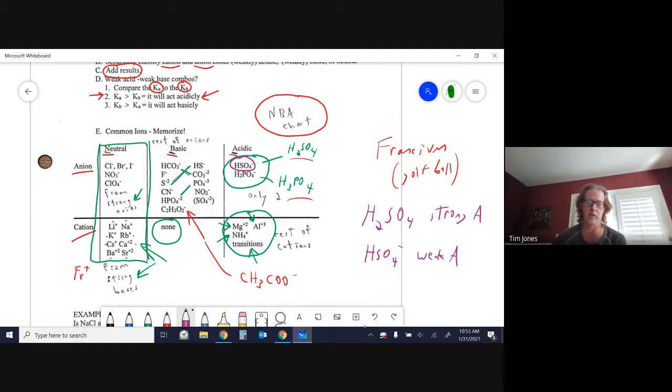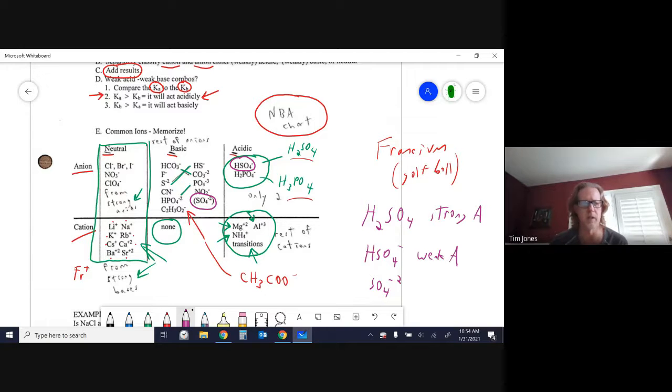Then, if it loses that hydrogen, you have sulfate, which you'll see is here. It's one of the basic anions. I can't put sulfate over here in the strong acids, or in the neutral anions. I can't put it like here because it's not neutral. It's basic. So that's why it's got to go over in the basic anion box.